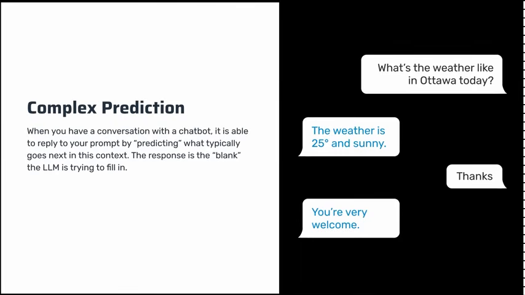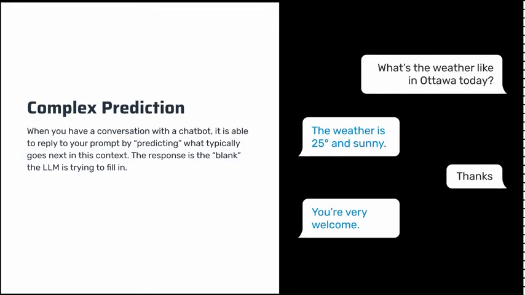Now, the complex prediction is probably a little bit more similar to your typical interaction with an AI. When you're having a conversation, all it's really doing is trying to predict what comes next to your prompt. So for example, if you ask, what's the weather like in Ottawa? The LLM is trying to infer, okay, in situations where someone's asking about the weather, what's the most common or typical response to that?